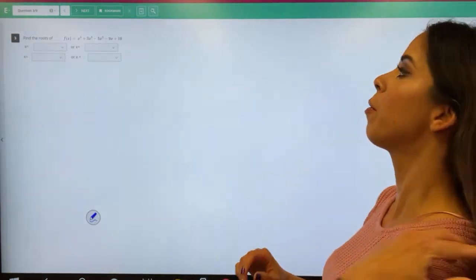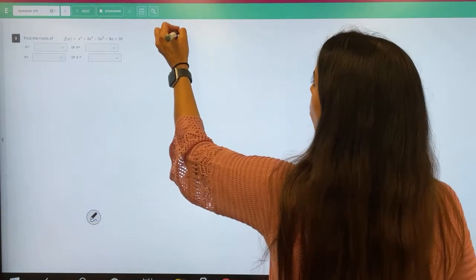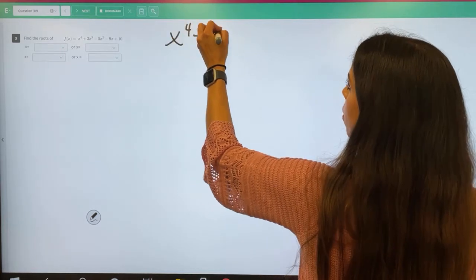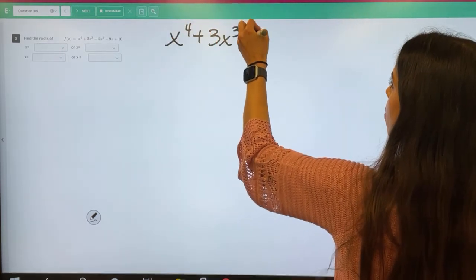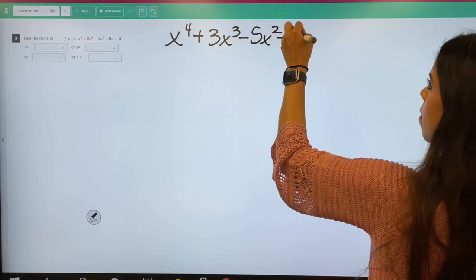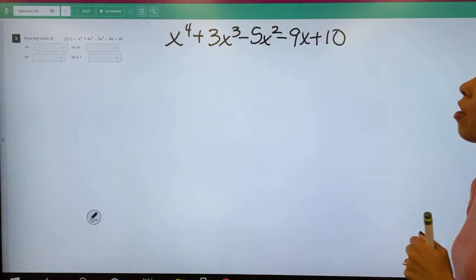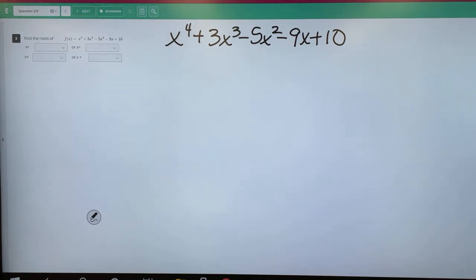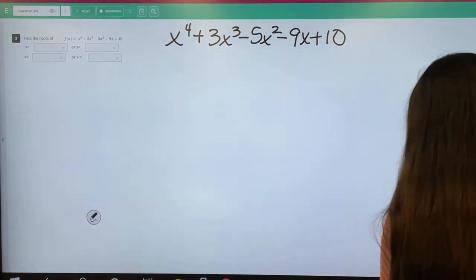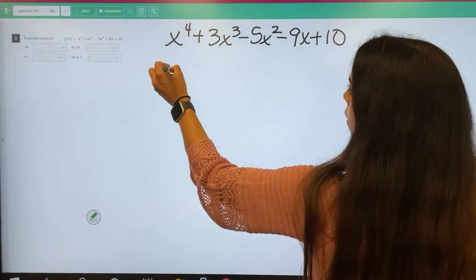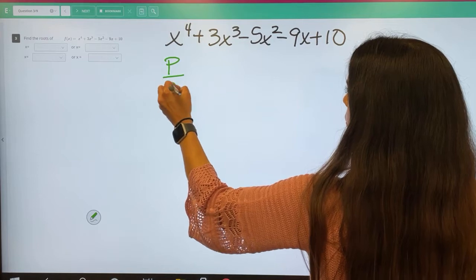All right, so let's find the roots of, and I know you guys can't see it, so I'm gonna write it a little bit bigger. We're finding the roots of x to the 4th plus 3x cubed minus 5x squared minus 9x plus 10. All right, so this is 5 terms, so I can't try to break it in half and factor each side because there's an odd number of terms. So I have to do the possible zeros, right?